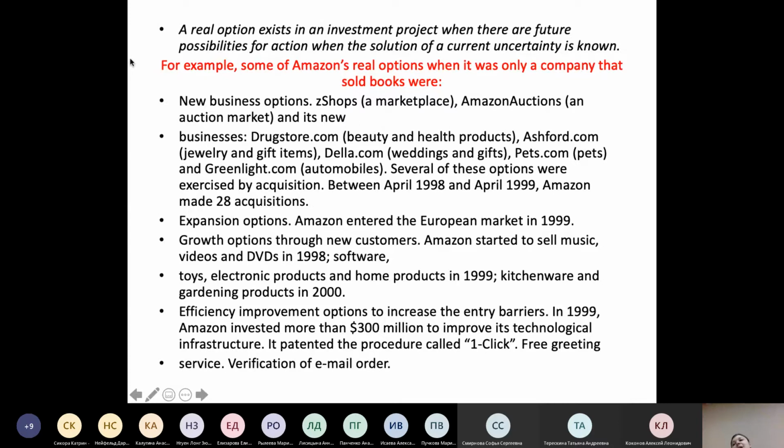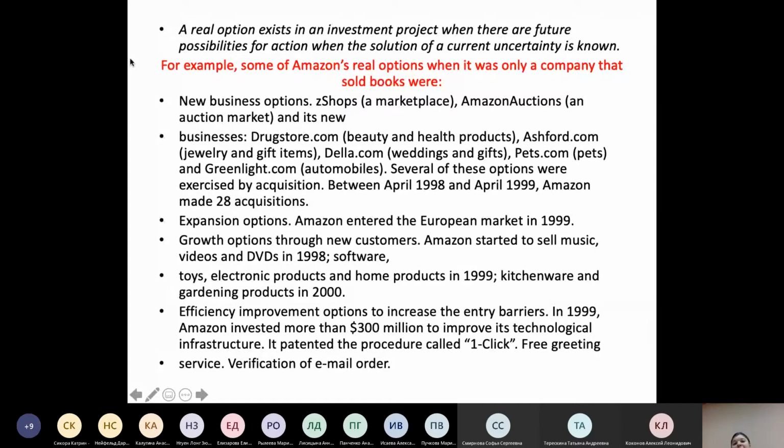And if we analyze an example, the activities of Amazon, we can find the following examples of real options, such as new business options: the shops, a marketplace, Amazon Auctions, an auction market, and new businesses, drugstore.com, beauty and health products, Ashford.com, Della.com, Pets.com, goods for pets, Greenlight.com, different goods for automobiles, and so on.